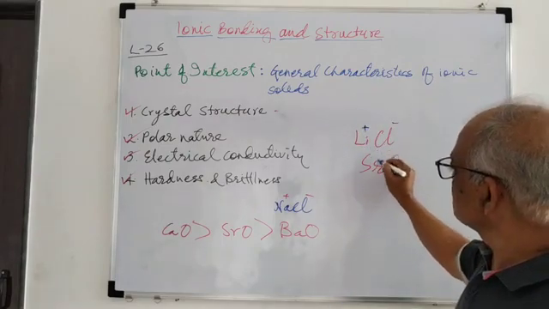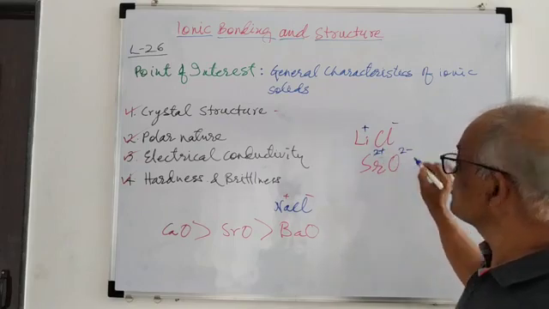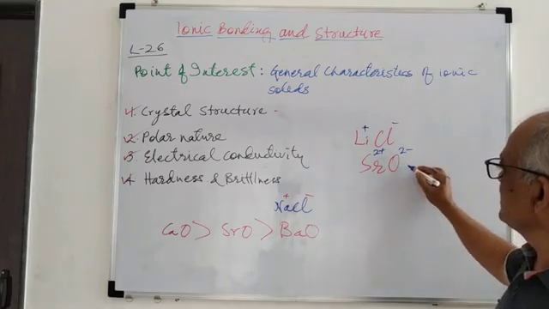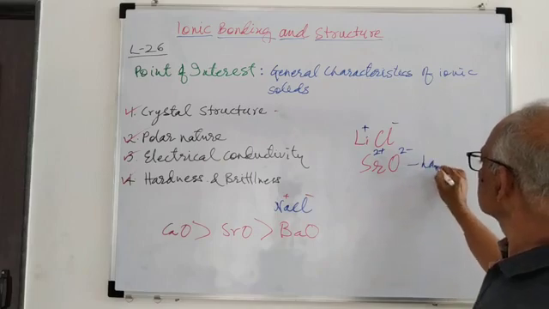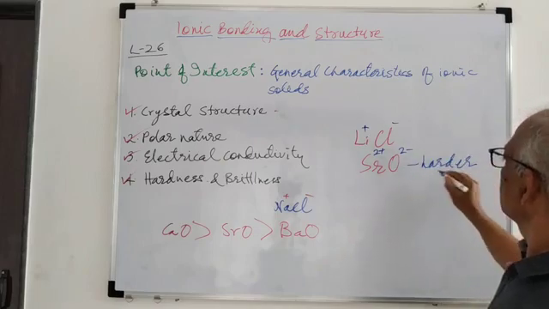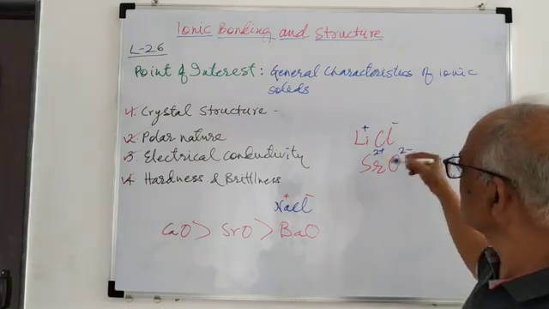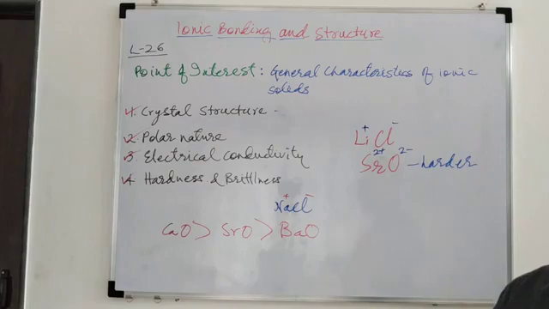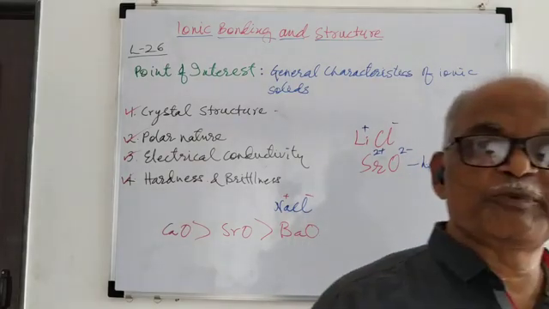Then the Sr ion has a 2 plus charge, and the oxide ion has a 2 minus charge. Because of this, strontium oxide is harder than LiCl. So LiCl is relatively softer than SrO, that is strontium oxide. This is explained on the basis of the number of charges.